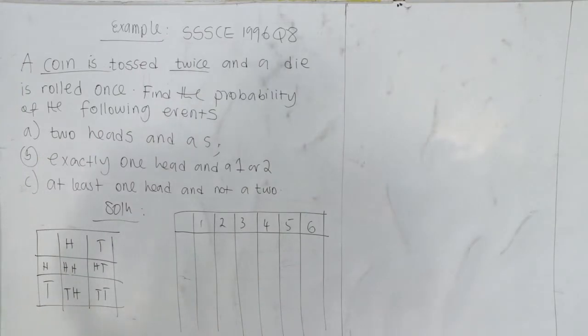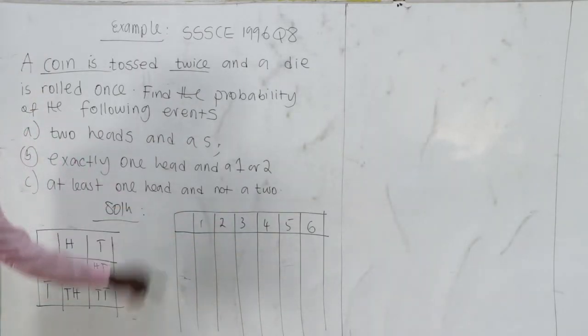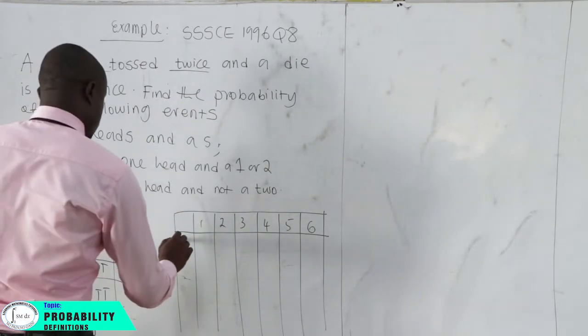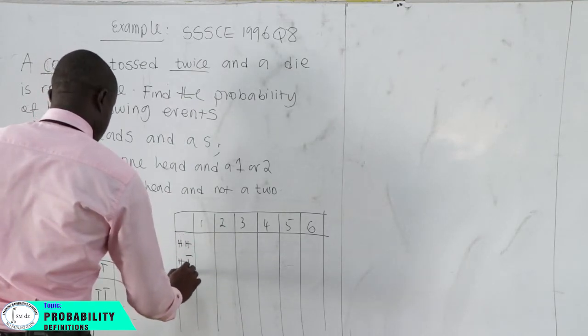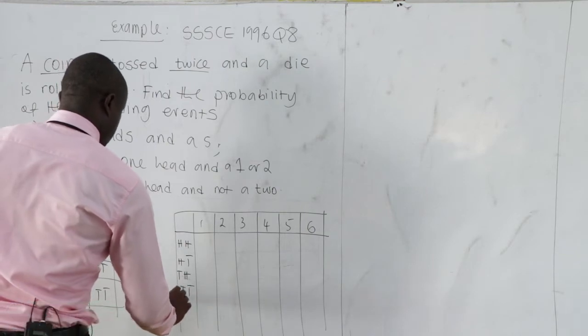So this will be for the die, and this will be for the 2 coins.